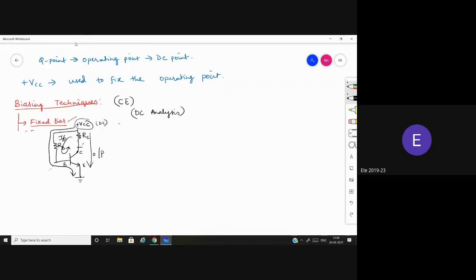So we will be using these two loops for the analysis, and we will have two cases. We will derive two equations and find out ICQ and VCEQ. Later on, we are going to find the DC load line, voltage and current. How we are going to do that, we can see in the next class.